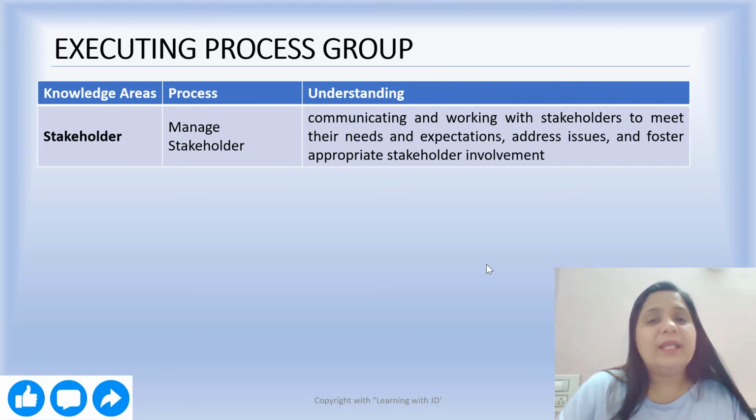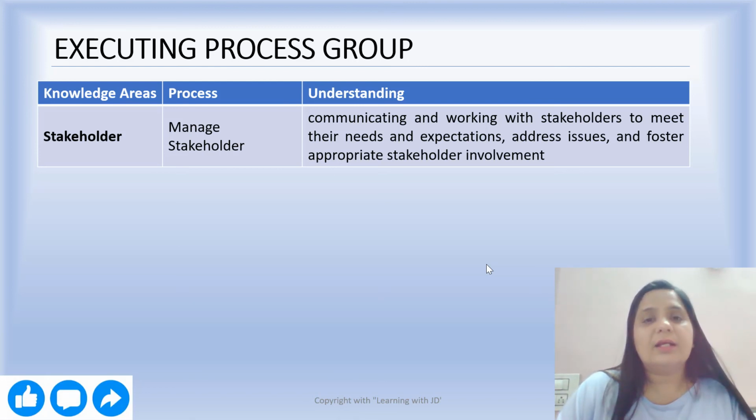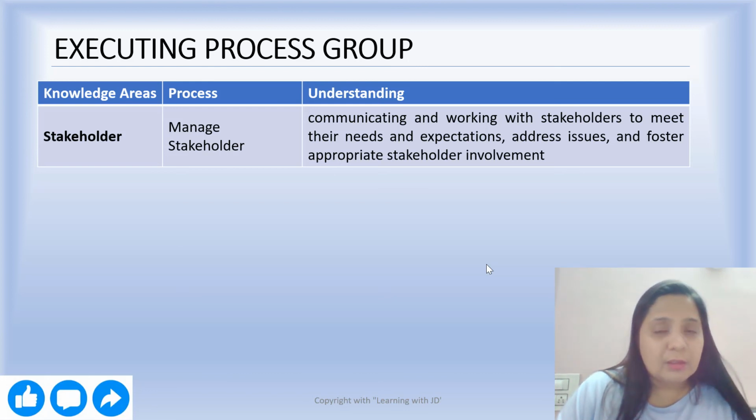Stakeholders, communicating and working with the stakeholders to meet their needs and expectations. You are going to read this word throughout the project. The needs and expectations of the project stakeholders are the key. The stakeholder is the one who is going to influence your project the most, right?